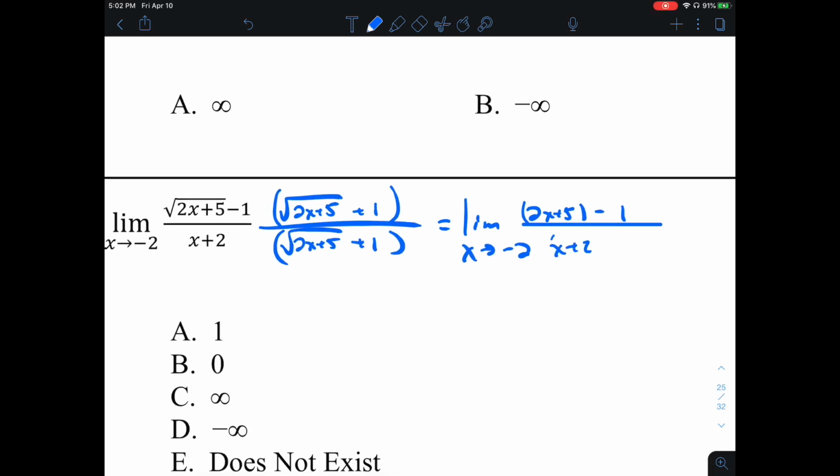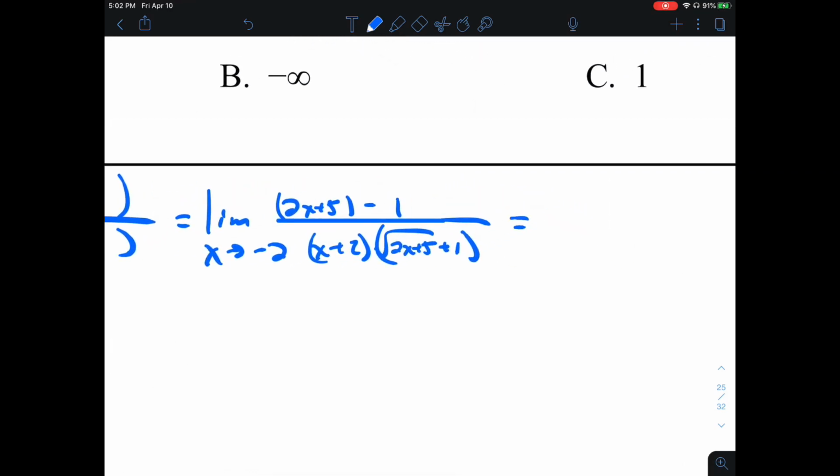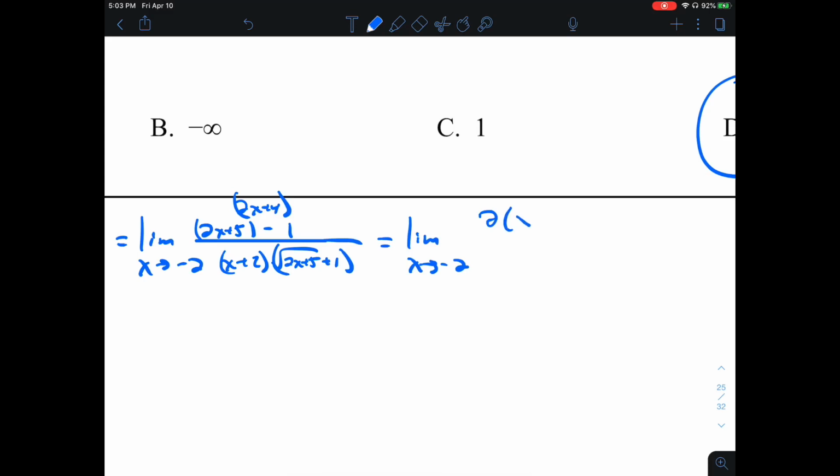In our denominator, we're not going to multiply it out because it's not helpful. So in the top, this right here is going to give us 2x plus 4. You can factor a 2 out of that and make that 2 times the sum of x and 2. And that's helpful because the denominator has this x plus 2.